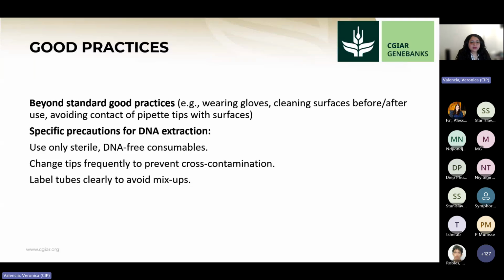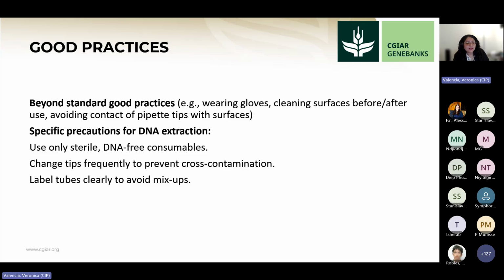Beyond the standard good practices like wearing gloves, cleaning the surfaces or avoiding contact of pipette tip surfaces, which are quite common recommendations of any molecular laboratory, I think that anyone who is working in a molecular laboratory will have those good practices. For specific precautions of DNA extractions, use sterile and DNA-free consumables if you can.